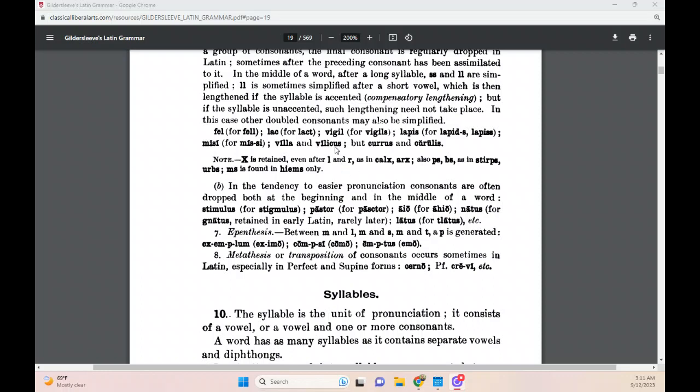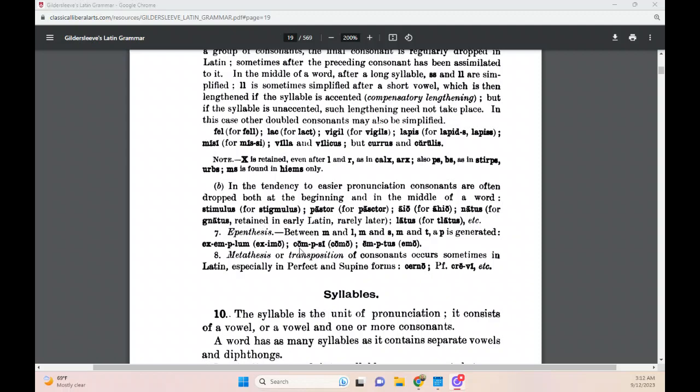Cus is the ultima, or the ultimate syllable. Li is the penult syllable, and vil is the antepenult syllable. For the word vigil, gil is the ultimate syllable, and vi is the penult. There is no antepenult because it's only got two syllables.